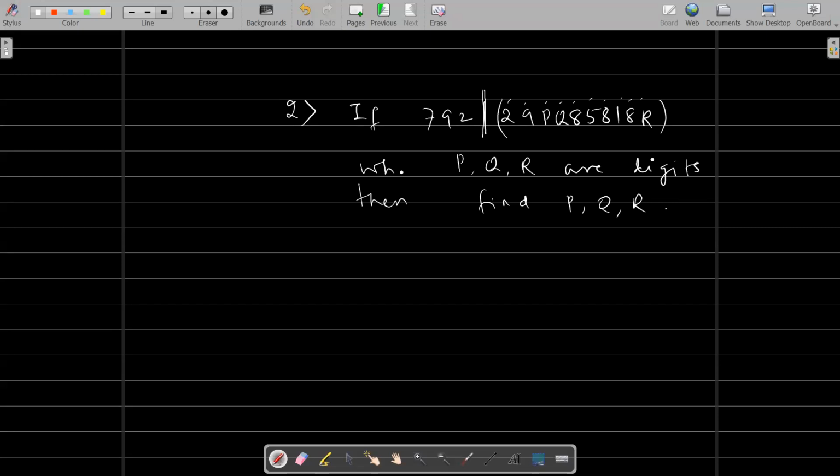It's a 10-digit number. So 792 divides the 10-digit number 29PQ85818R, where PQR are single digits. So we have to find those PQR. As usual, don't disclose the answers. You can write down the answer in the chat box only to me, or you can raise your hand later when we discuss.